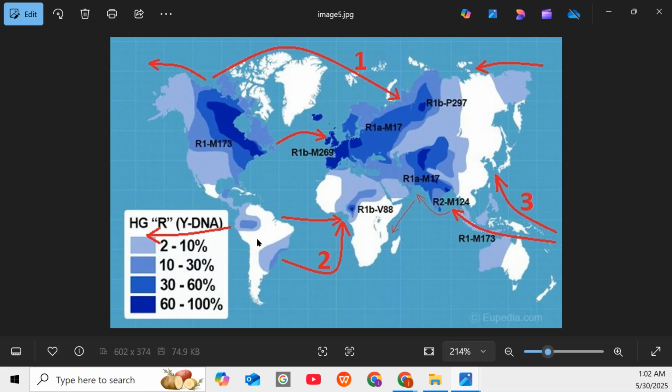This is North, South America, Eurasia, Australia, and even Africa.